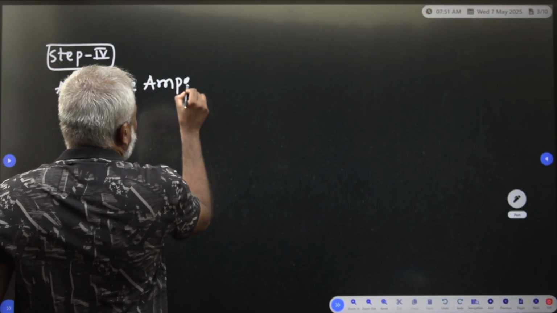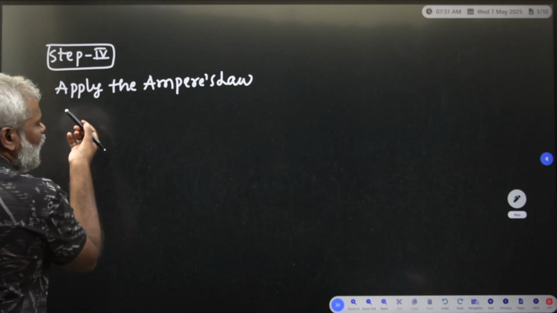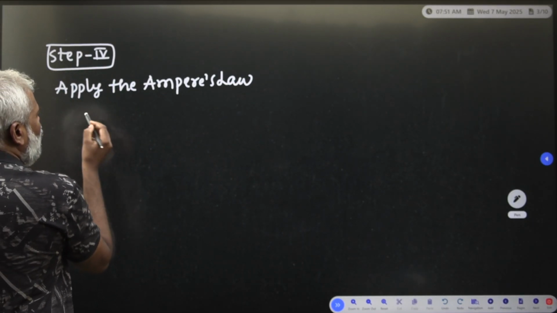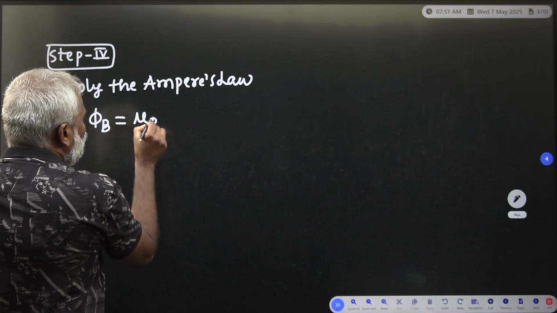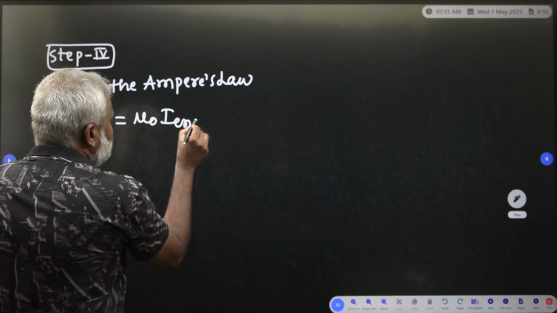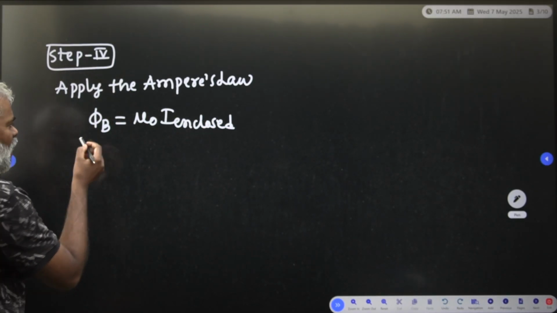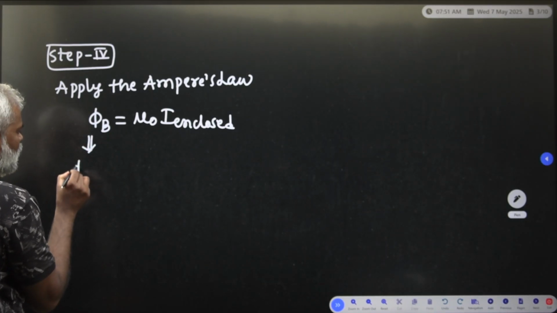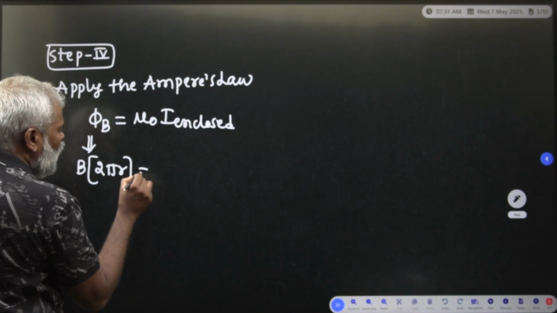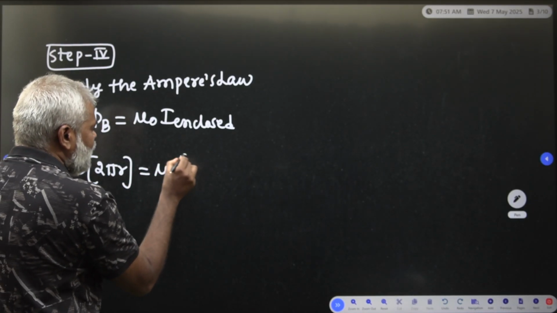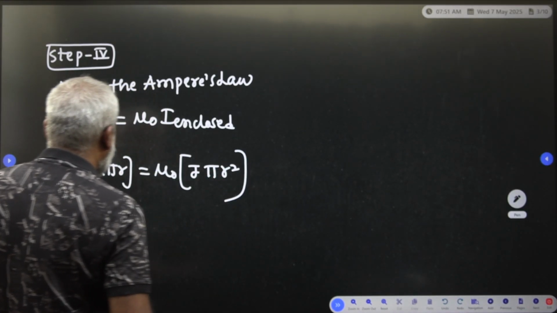The magnetic flux is equal to mu naught times the current enclosed through that loop, that is Ampere's law. What is your magnetic flux? B into 2 pi r is equal to mu naught into how much current is enclosed? j into pi r square. This is the current enclosed.